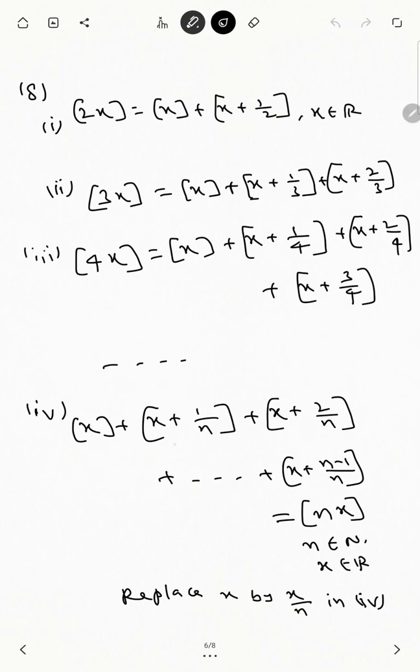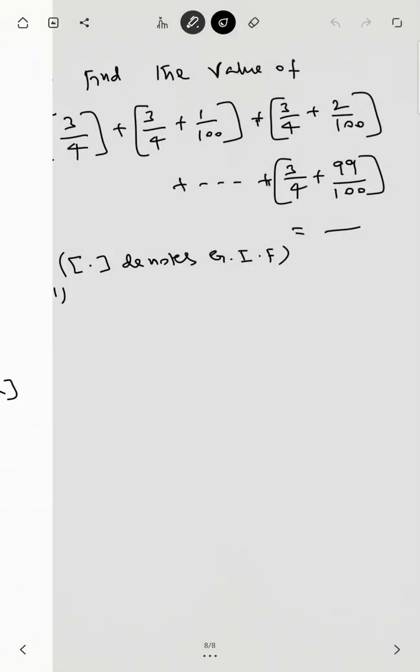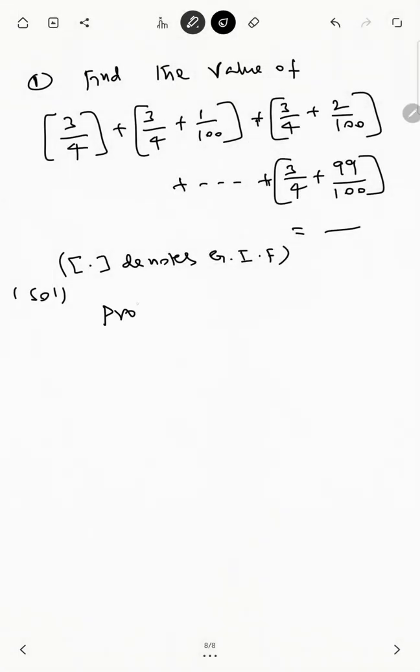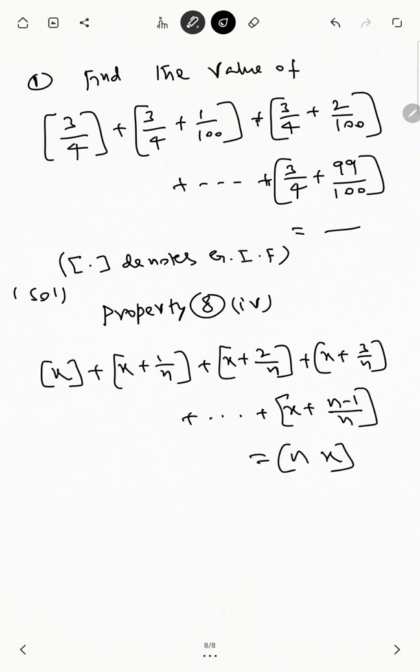Integer part of x plus integer part of x plus 1 by n plus integer part of x plus 2 by n and so on. So it is the property. What is x here? Here x is equal to 3 by 4 and n is equal to 100.